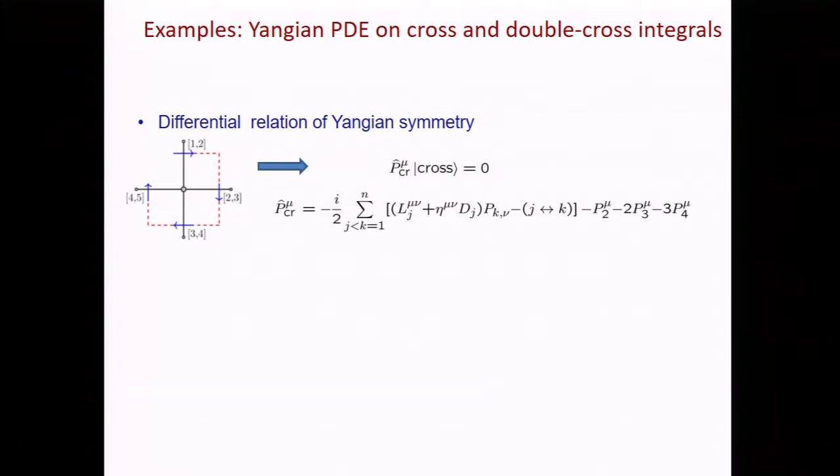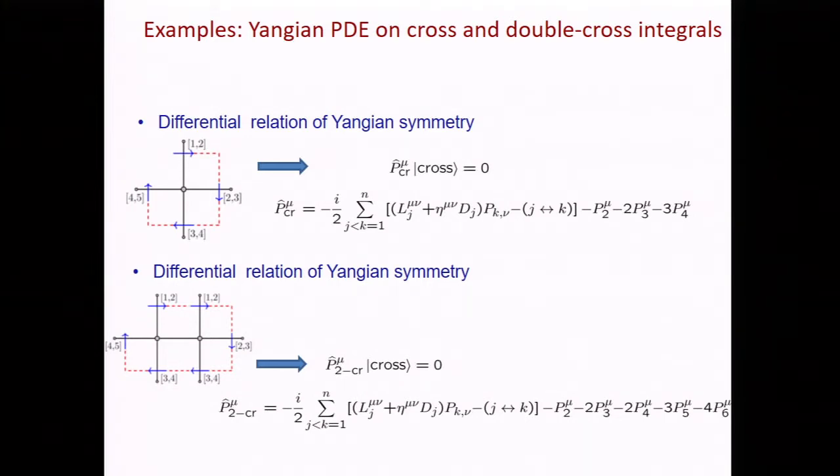Then we have particular differential equations for single cross, for example, in terms of these original generators, with specific numbers here in front of P. P is the Poincare generator, L is the Lorentz rotation, and D is the dilatation operator. Similar expression for double cross. So this is a new equation which might help to compute this integral, for example.